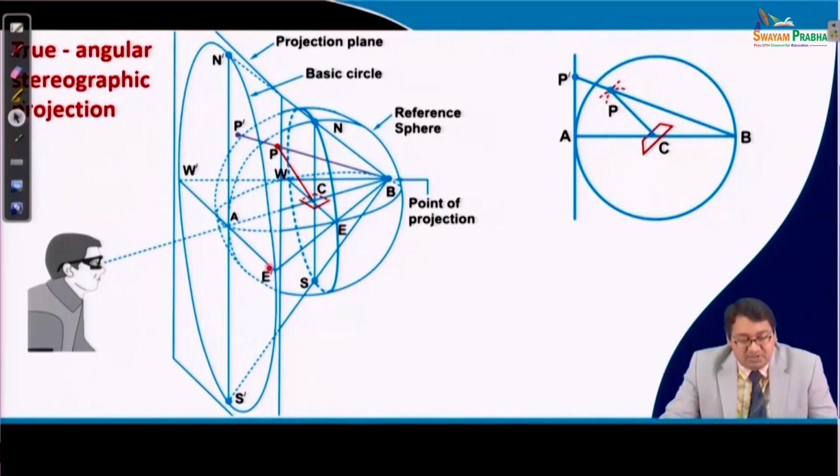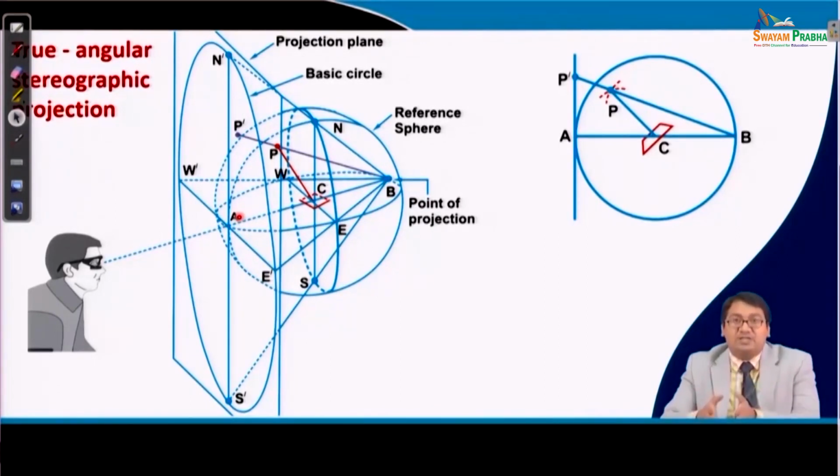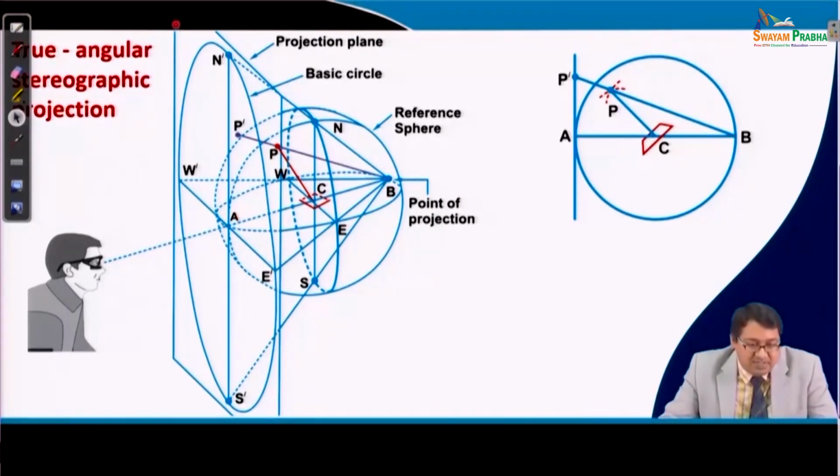You see that B is the point of projection, A is the point where the plane of projection lies, and here is the projector screen, and A is the center of this projector screen.